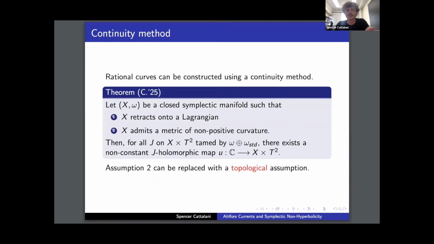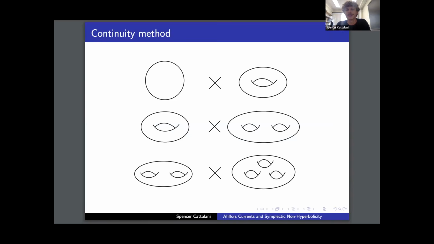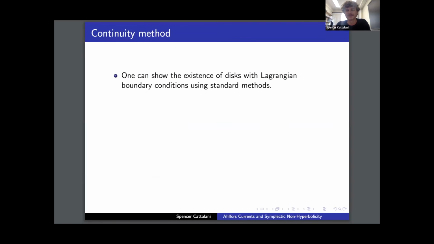But beyond the theorem and the corollary, these are maybe proofs of concept. The exciting point is the construction. By working with Ahlfors currents, you reduce this deformation to just working with disks. And the existence of disks with Lagrangian boundary conditions is one of the standard methods. People say this all the time.